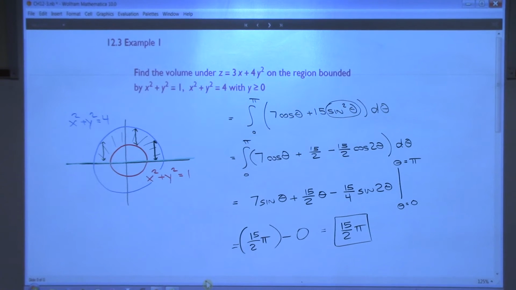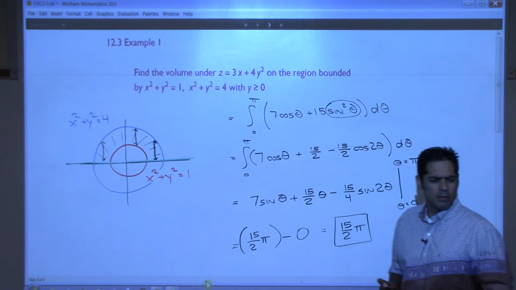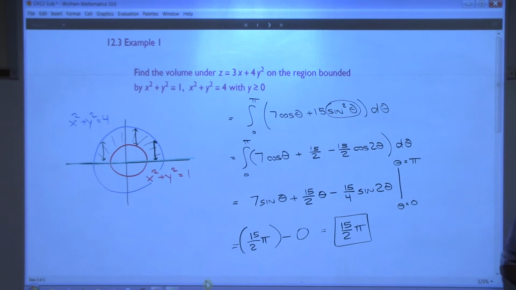You remember how last class we did a type 2 region, and we switched the inside and the outside bounds on the double integral? Switching the order of integration. Is that going to happen ever with polar?